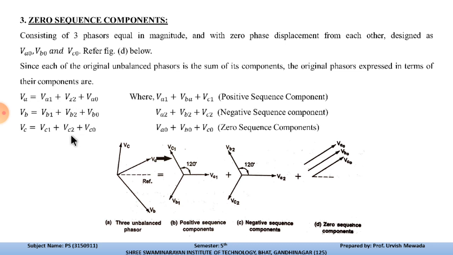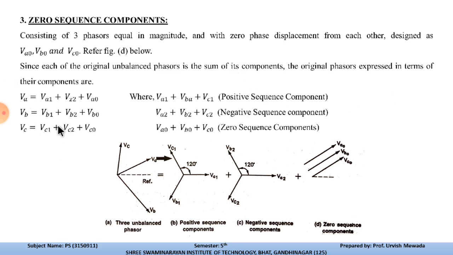Over here, VB is VB1 plus VB2 plus VB0, and VC is equal to VC1 plus VC2 plus VC0, where VA1, VB1 and VC1 are the positive sequence components.